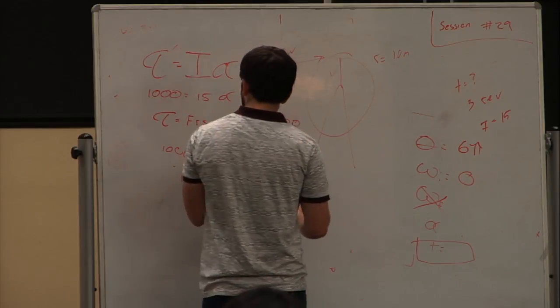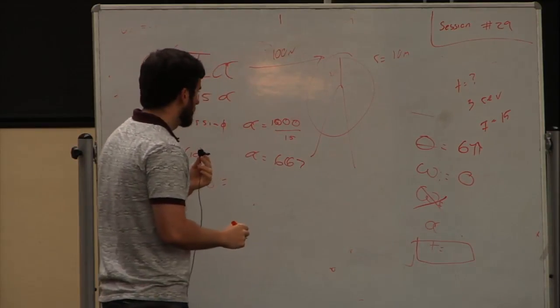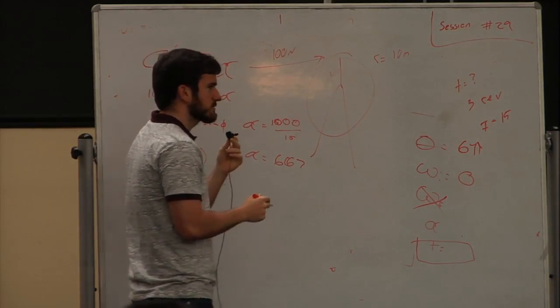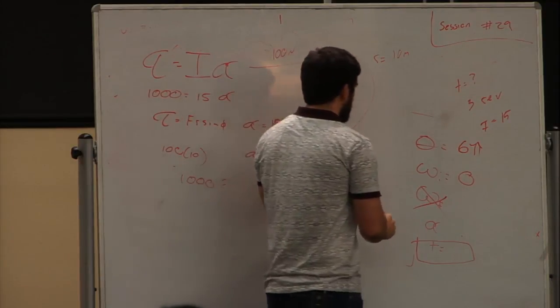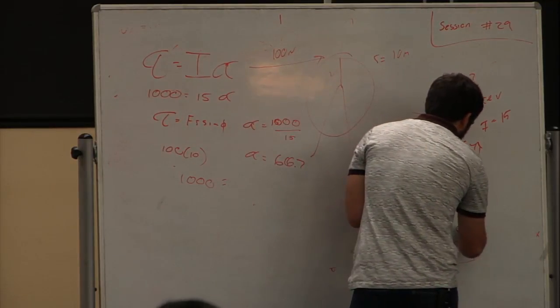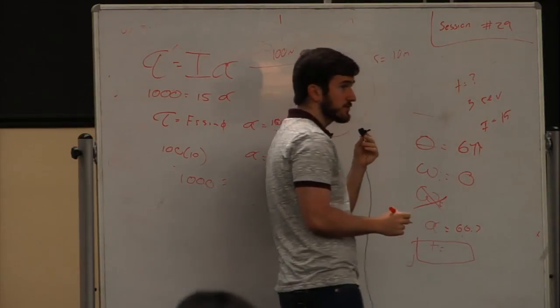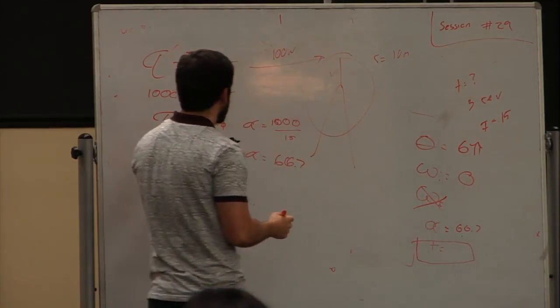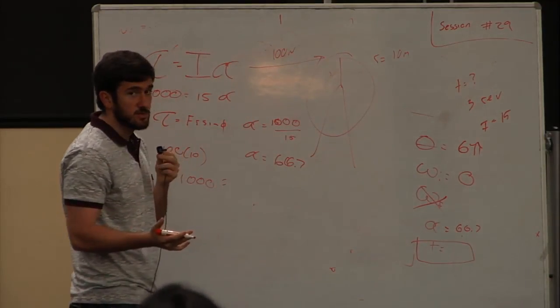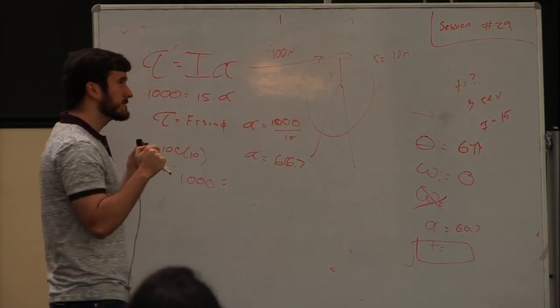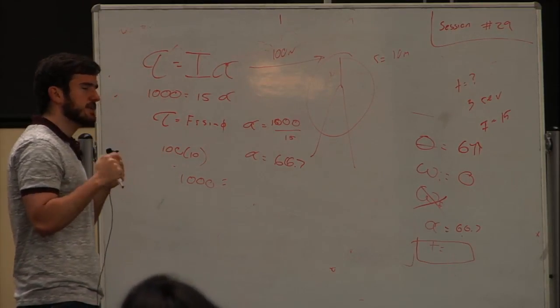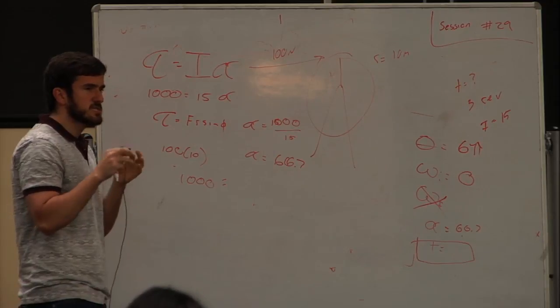And in circular motion, they're almost exactly the same as linear motion. The only thing that's different are the variables, but the setup's still the same. So you can use theta is equal to omega initial times time plus 1/2 alpha t squared. We are going to use this one. So theta is equal to 6 pi.